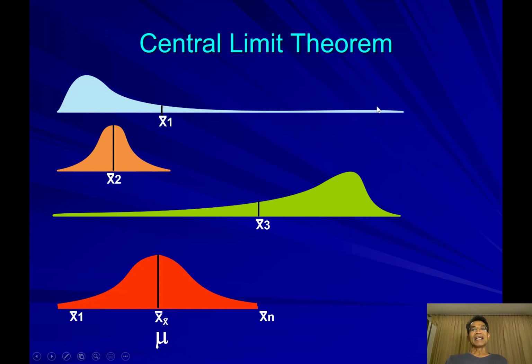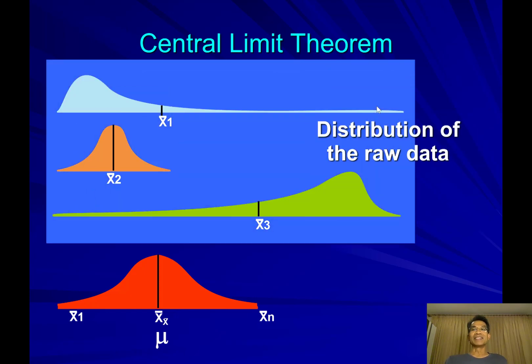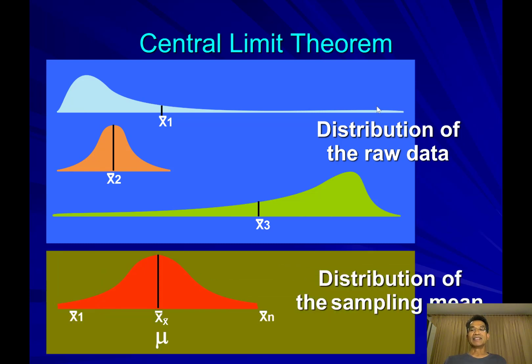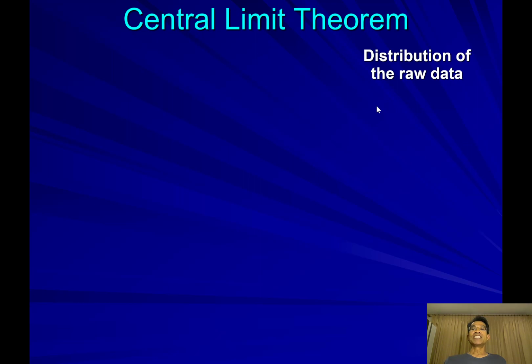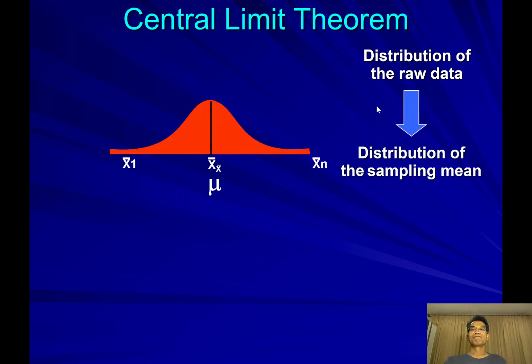Okay, now this is again the distribution of raw data. I emphasize it. This is the distribution of the sampling mean.